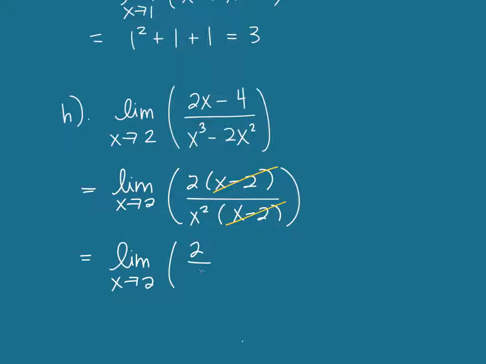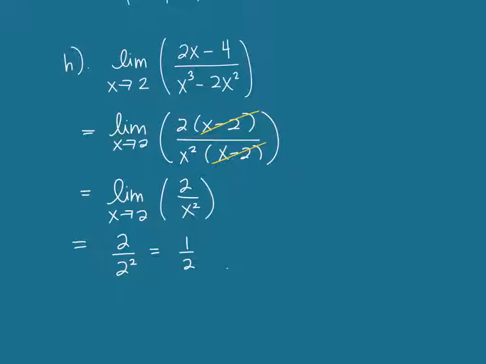We'll show that what we're left with is 2 over x squared. And then when we exchange the variable for the number, 2 over 2 squared, which would be 1/2. So we'll know that this function approaches 1/2. It will never get to 1/2. It'll get to the left of the 1/2 and to the right of 1/2, but it will never actually get there.